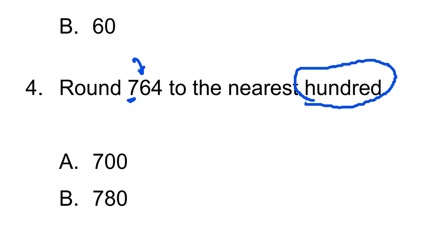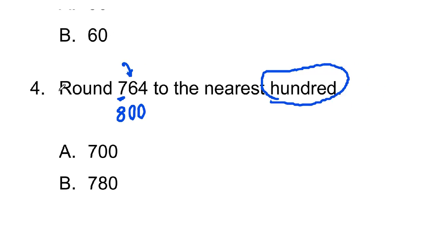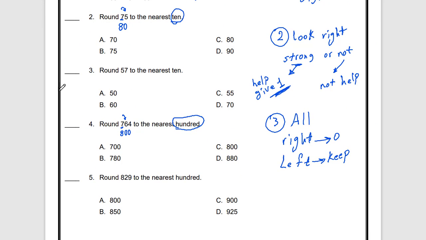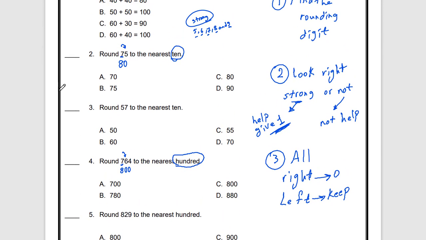According to step 2, the 6 is strong, so it will help the 7 to be 8. And the third step, all digits to the right will be zeros. So I have 2 digits, so 2 zeros. Okay. Any questions about how we round? Any problems about how we round?